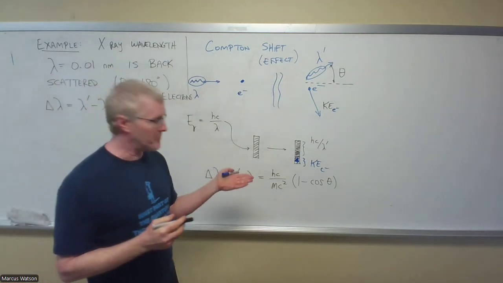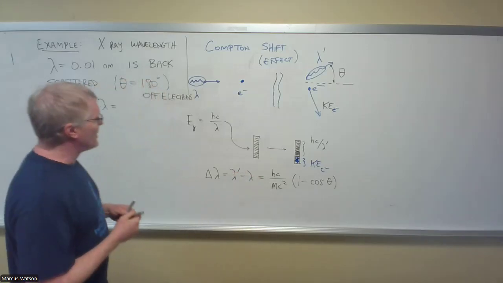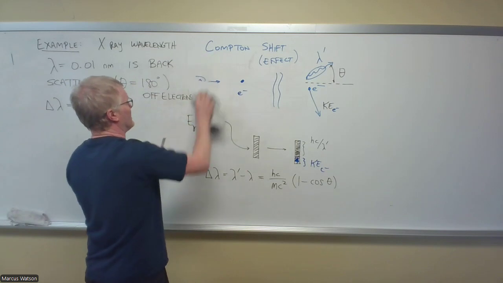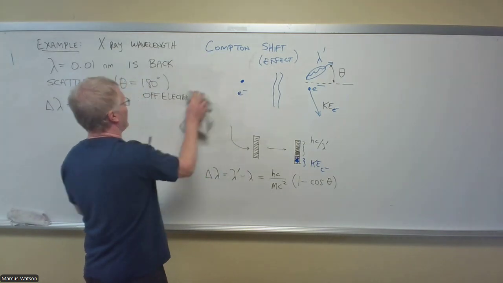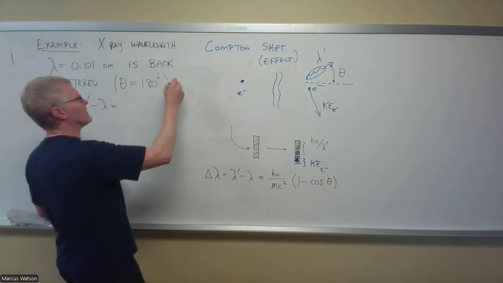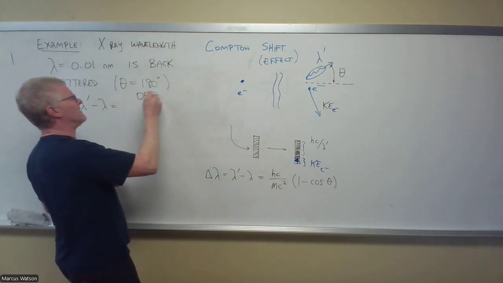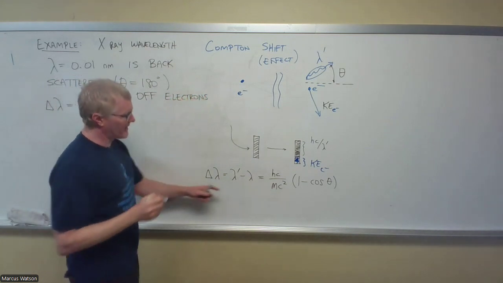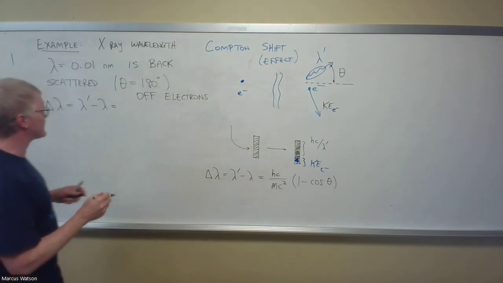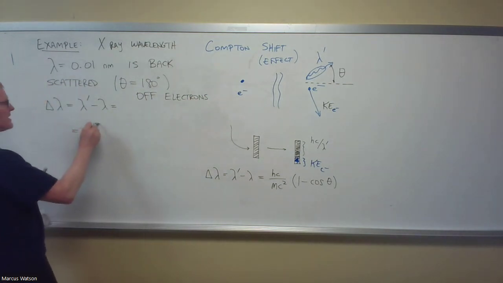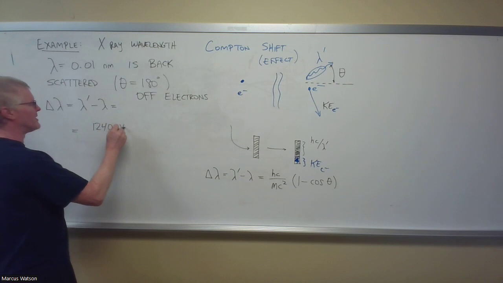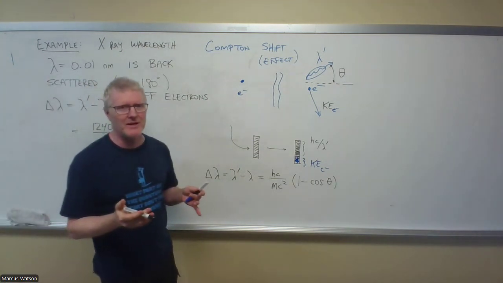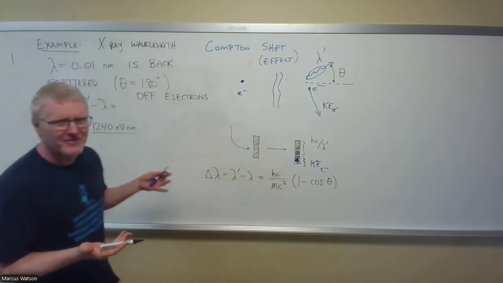So that we have something to put into the denominator here. If we calculate that, then what we'll find is that the shift is extremely small. I mentioned that last time. This is 1240 eV nanometers, and off electrons, which is pretty much the smallest thing that we can use that will scatter.